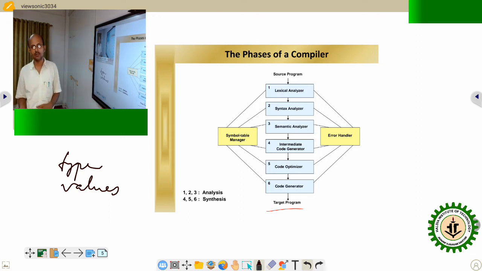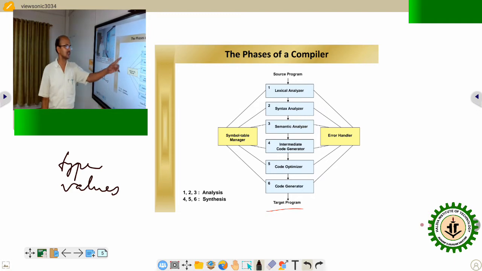Much other information will be gathered and given to the error handler. It manages the errors: how they can be detected, where they are detected, and a clue about how to solve the error. So these are all the typical stages through which a source program is converted into the target program.